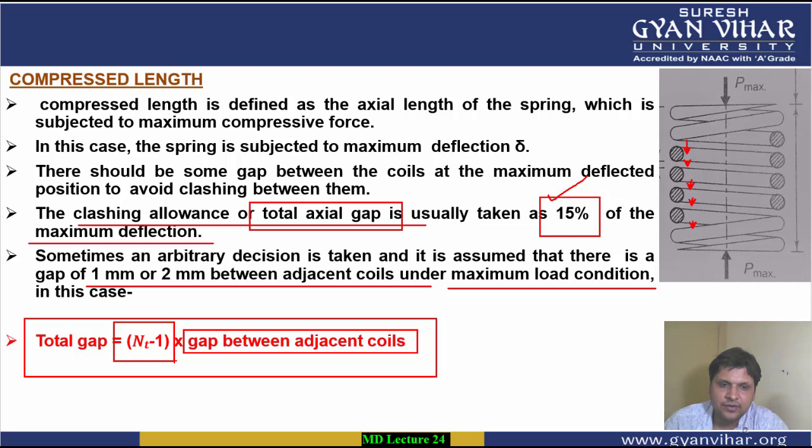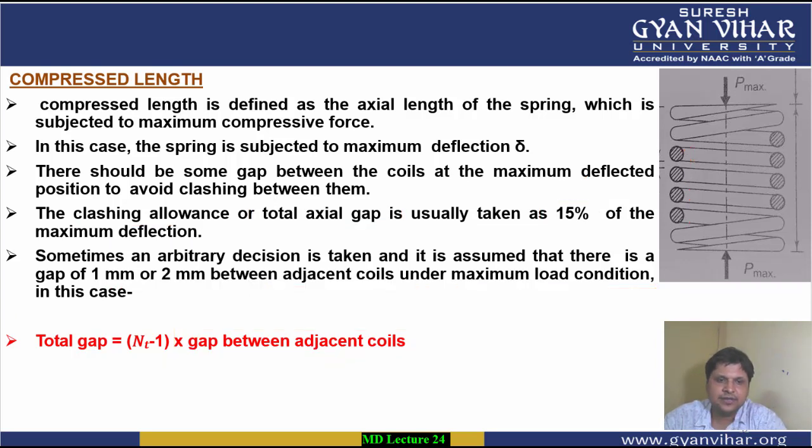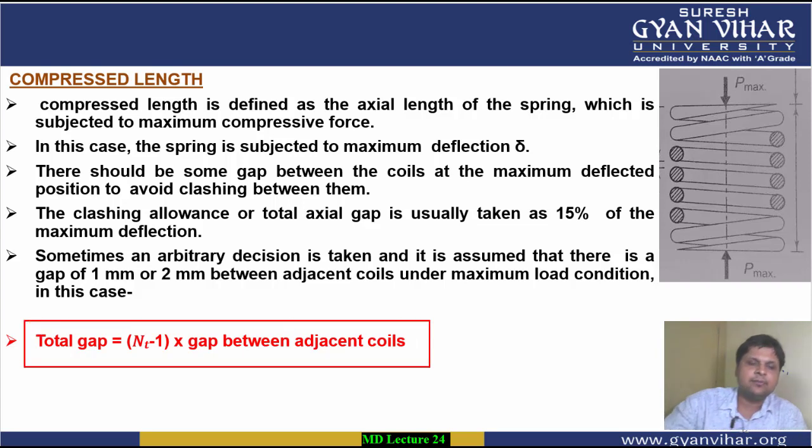Nt minus 1 into the gap between adjacent coils will give you the value of the total axial gap. So these relations are very important, students. This is an important equation or relation which we will use in designing.